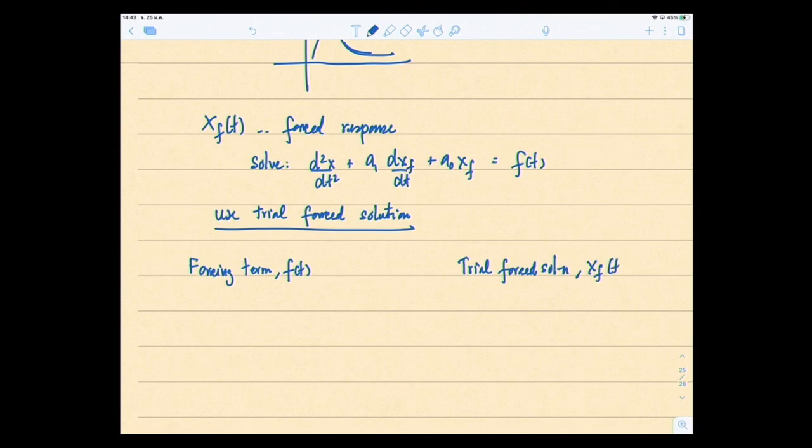For the trial solution xf of t: if your f of t is simply a constant, we try that xf would also be a constant. If it consists of t, we try at plus b. If it is e to the sigma t, we try a e to the sigma t.